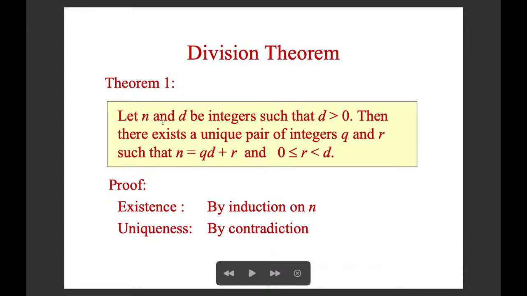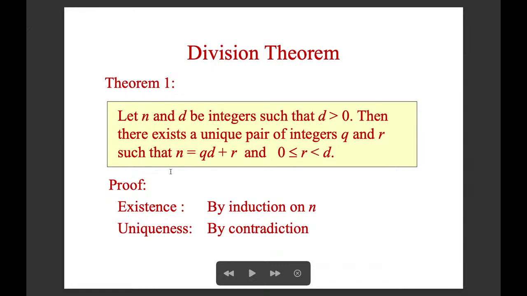When we divide n by d, we will have a quotient part and a remainder part, such that n can be expressed as q times d plus r, where r is the remainder, always between 0 inclusive and d.